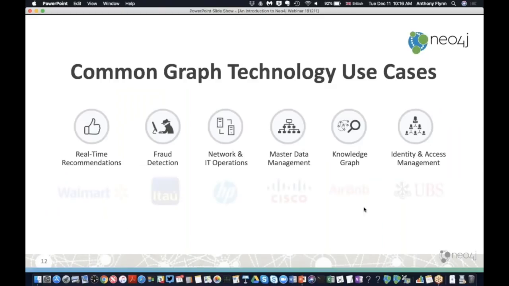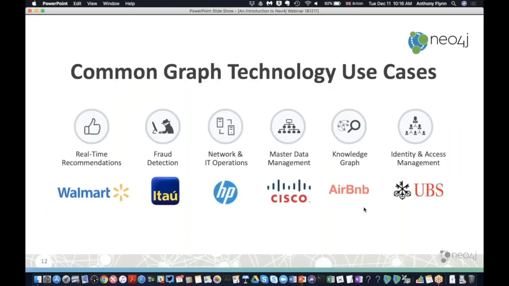This is a very brief snapshot of some of the more common use cases that we see. You'll notice that the common theme is that you've got a lot of data and that the data itself is highly interconnected. So you have things like real-time retail recommendations. On the left there, you've got fraud detection in the banking and insurance markets. There are numbers of master data management applications for things like data governance, data lineage, data quality.